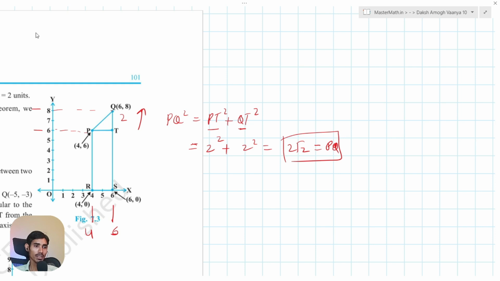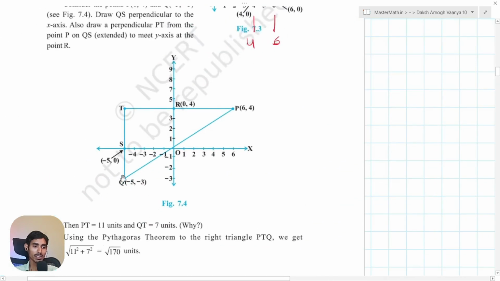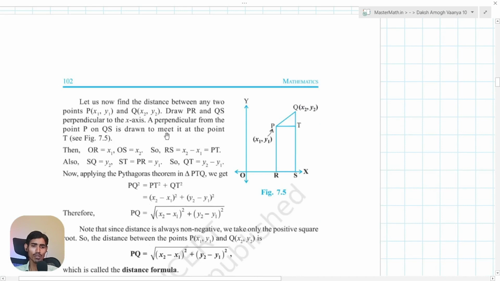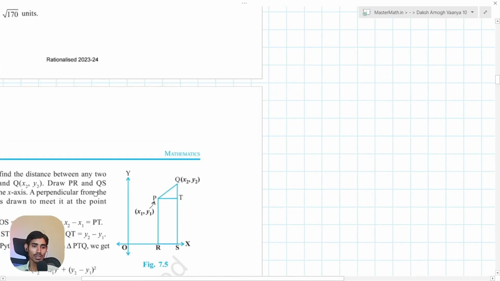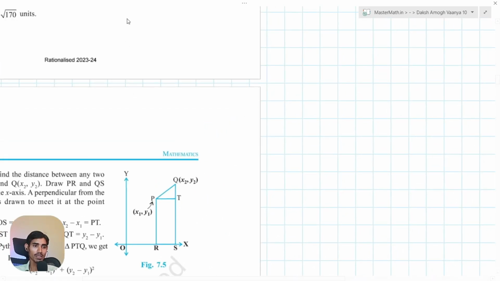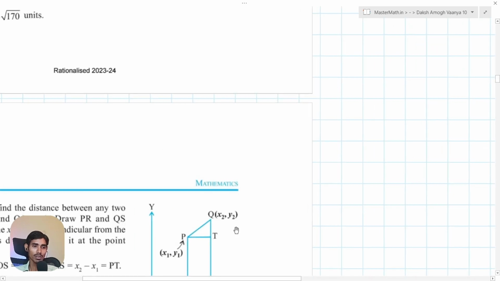So what we understand from here is the distance formula. You can do it for all the others. So can anyone tell me what is going to be the x and y coordinates for the T?